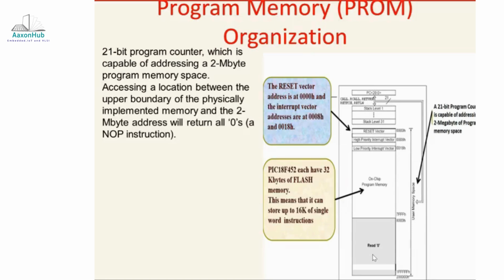Now, whenever you want to access these locations, there are some limitations, some boundaries, even in the case of the 2 MB space. In the case of your subroutine, call instruction, or return instruction, your pointer will be addressed and returned as per the return value.